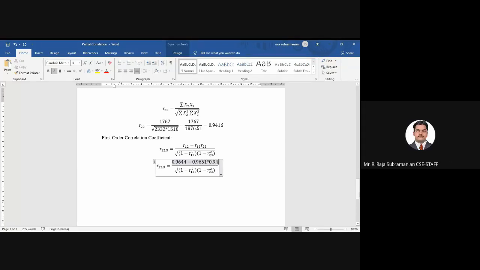So the same I substitute in the bottom. In the whole squared, I have to write 0.9416. Next, R13 the whole squared, 0.9651.